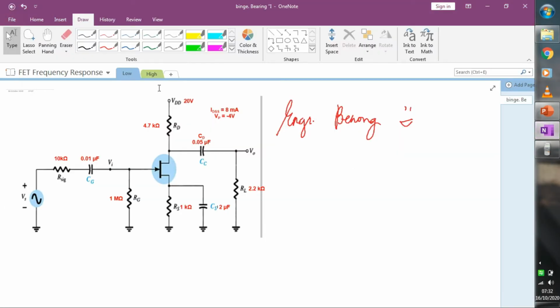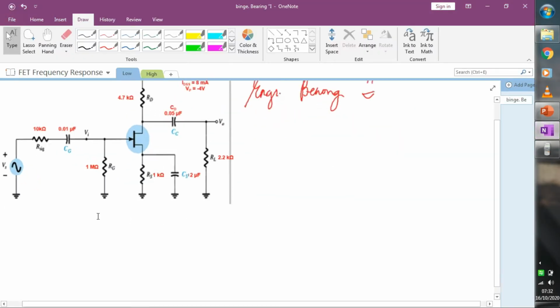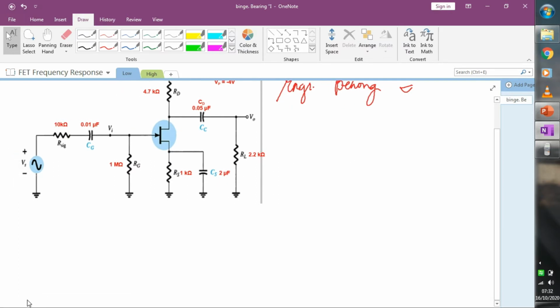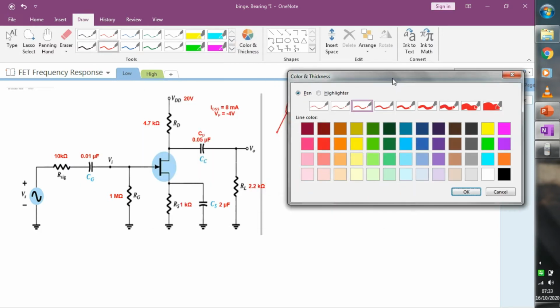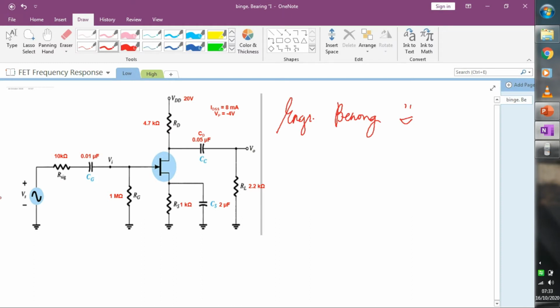Here is my sample problem and let us start solving. So first, let us compute the low cutoff frequencies and let us determine the dominant low cutoff frequency. Okay, so these are the values. You have 10 kilo ohms here, signal resistance. You have here CG of 0.01 and so on.